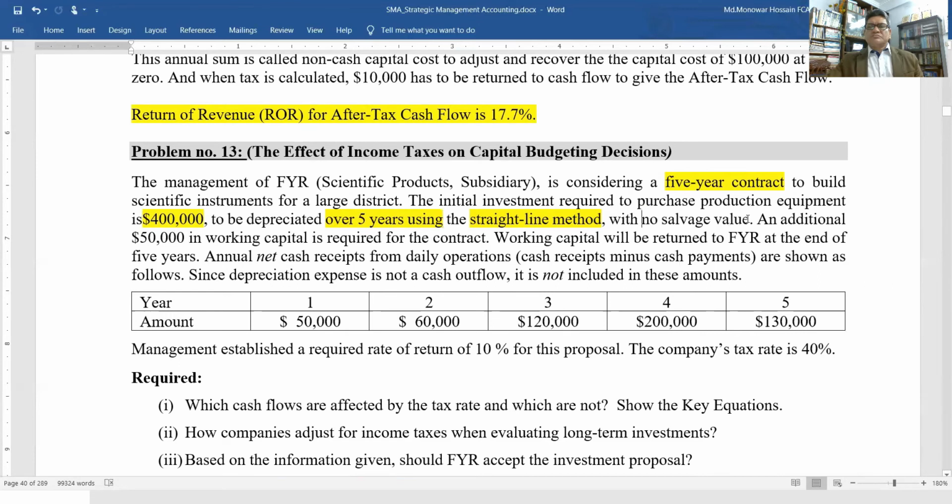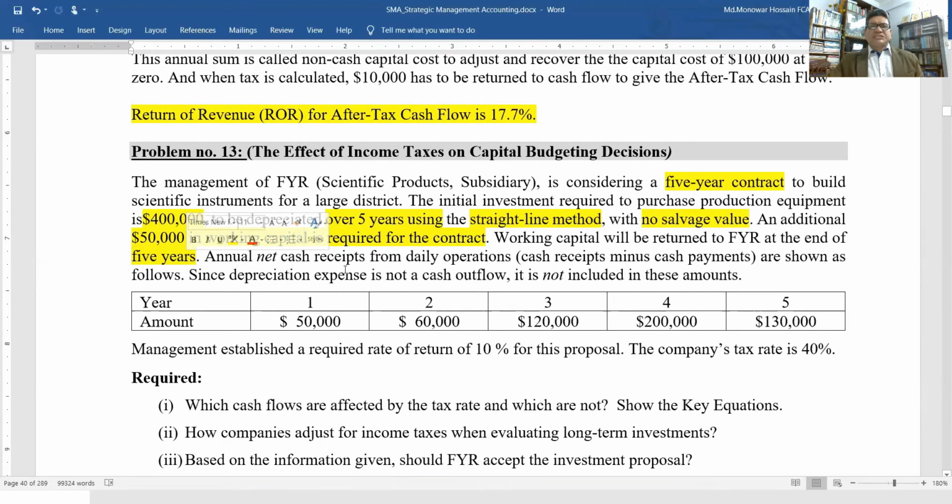An additional 50,000 of working capital is required for the contract. Working capital will be returned to FYR at the end of the 5 years.